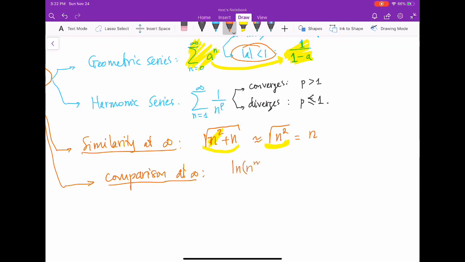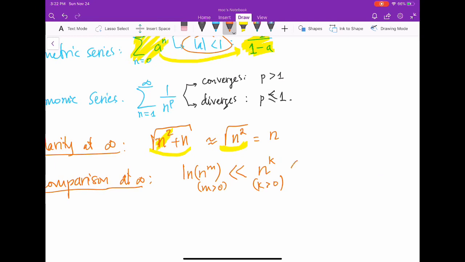You can apply any power m in here. We say that this function is very small if you compare it with any polynomial n to the k, where k is greater than 0. Let's pick m greater than 0.